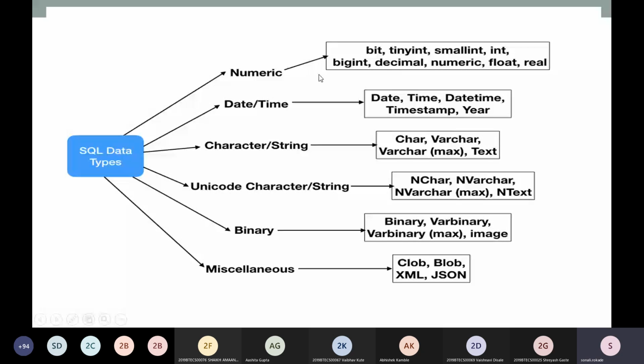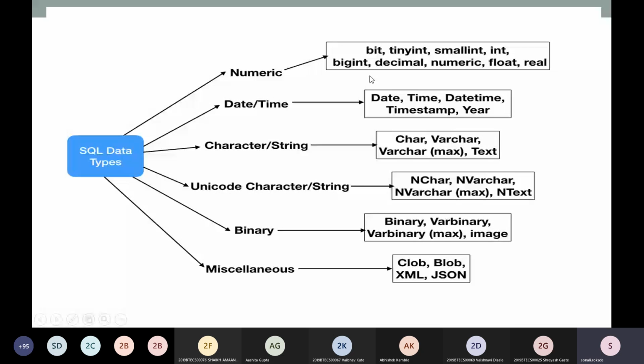You must know smallint, then bigint, like our C data types, small integer, then big integer. In that way, they are distinguished on the basis of the size of the data type, along with signed integers. Then decimal, numeric, float, real.